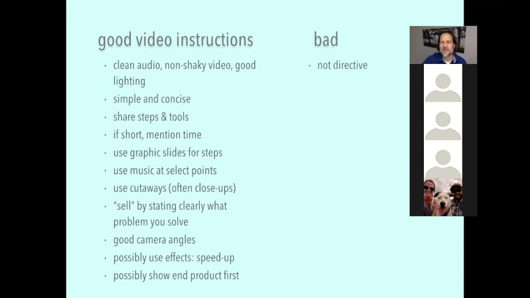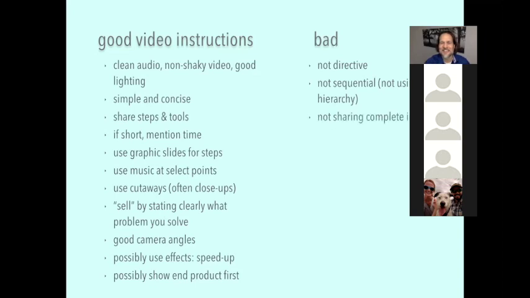So what doesn't work when it's not directive, it's shaky. Let's add to not directive the idea of lacking command, lacking a sense of firmness and comprehension, and in any way saying I'm not sure or could be. There can be no could be's. It has to be, this is the way to do it.